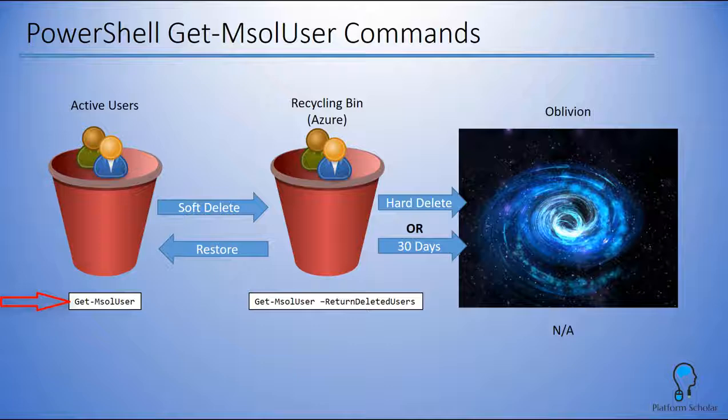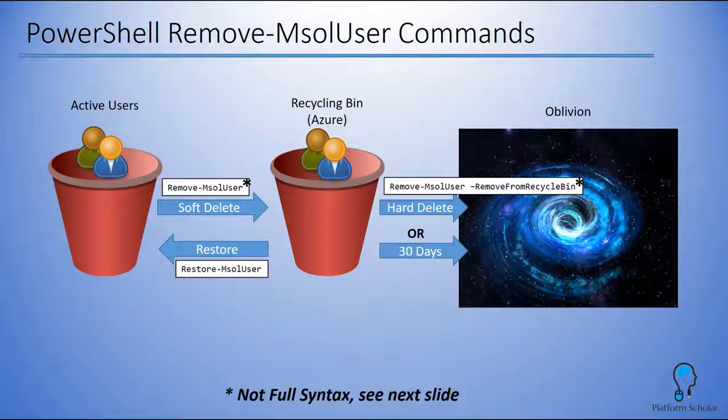It will not return any users who are in the recycling bin. However, if we use Get-MsolUser with the -ReturnDeletedUsers switch, it will only target the recycling bin and return users who have been soft deleted within the last 30 days. It will not return any users in the active users bucket.